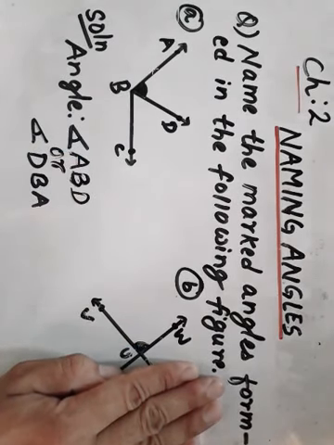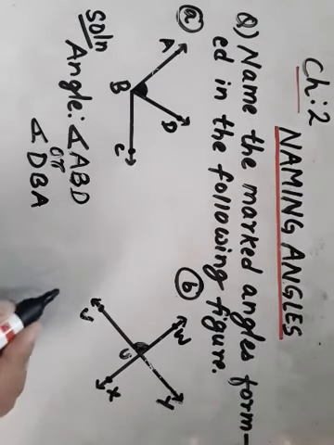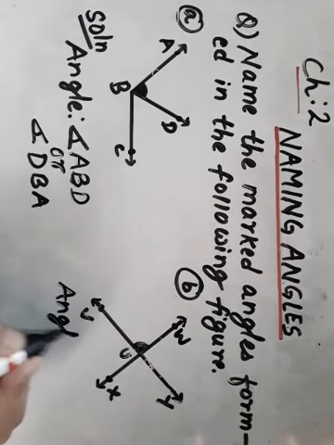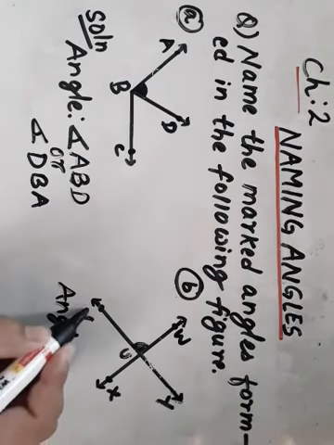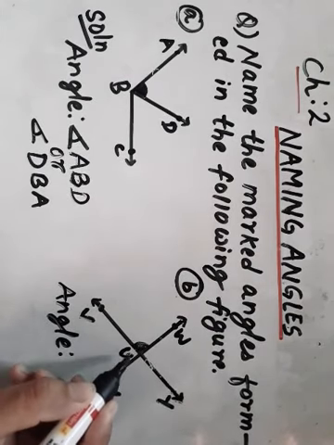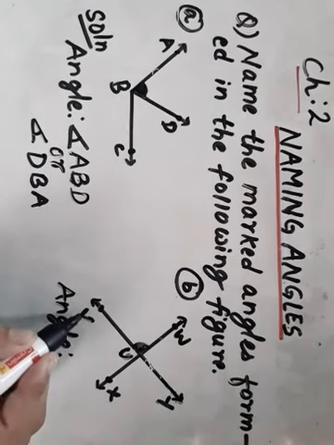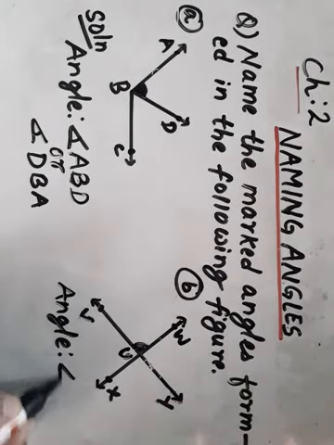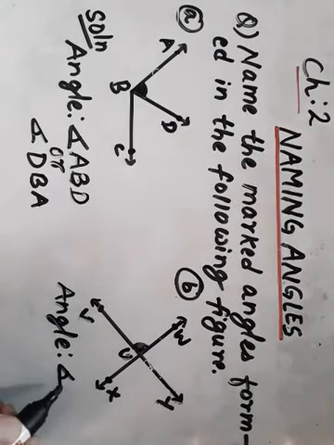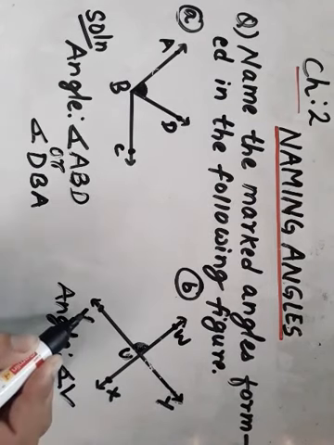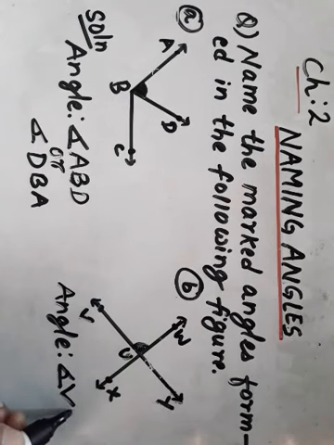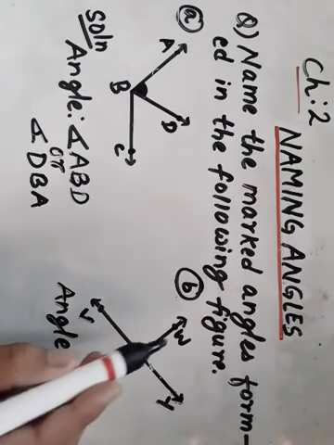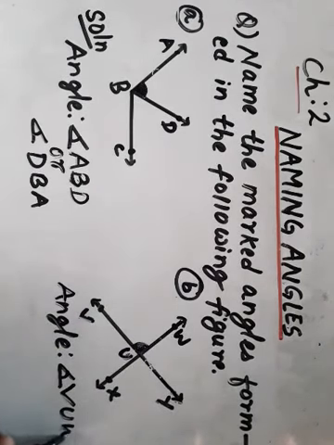So let's write the name. As you can see, U is your vertex. So you have to start from V. At first you have to show the symbol of angle, then V. As U is your vertex, you have to write U in the middle and W at last.